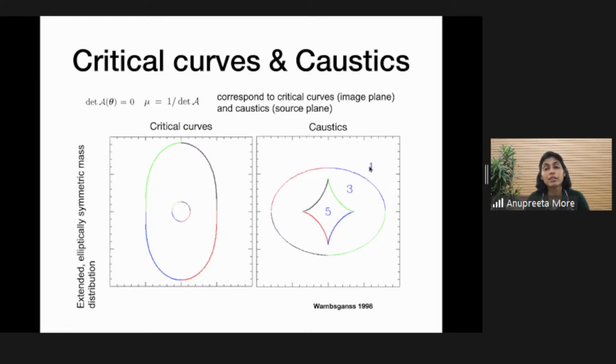As the source becomes more aligned with the lens center and crosses these caustics, the number of images increases, and when the source is inside these outer caustics, we see 3 images. As the source crosses further the inner caustics, we see 5 images of the same source. This is what we typically expect for lensing galaxies, which tend to be elliptical.